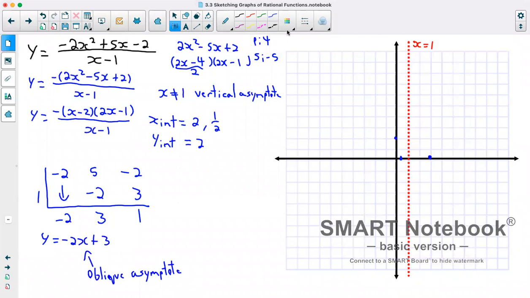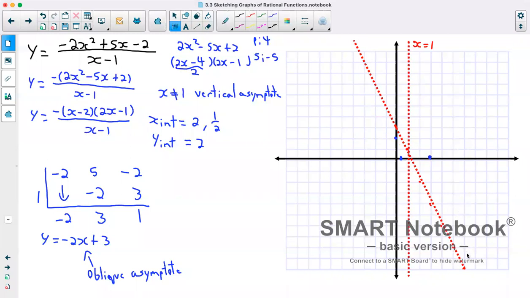So we will plot that next. So we had a y-intercept of 3 with a slope of -2. So if we connect those points, we end up with an asymptote that looks like this.